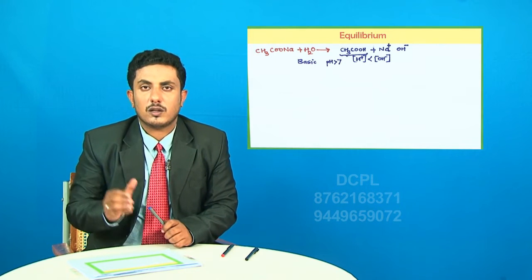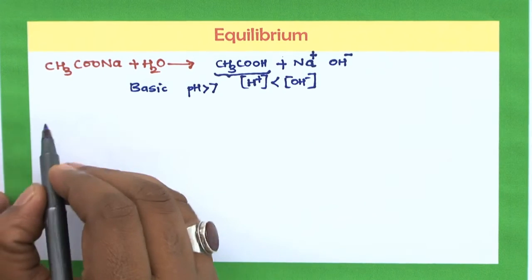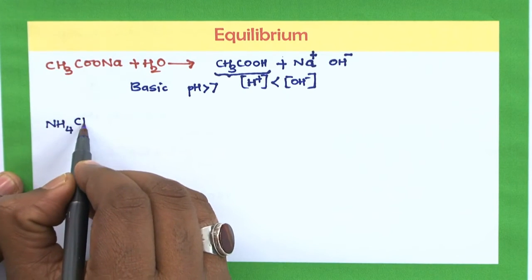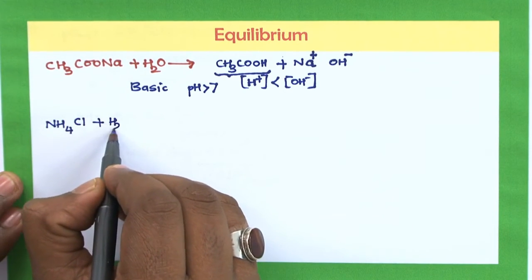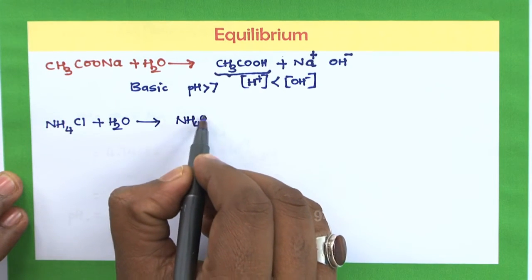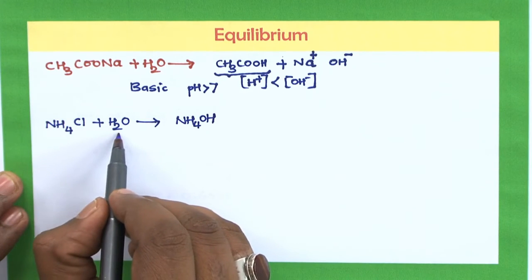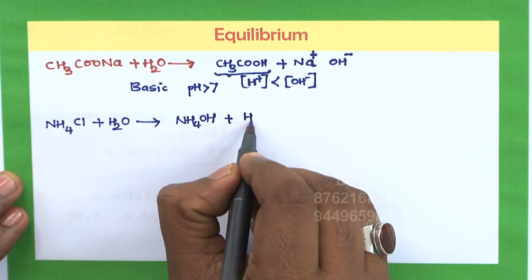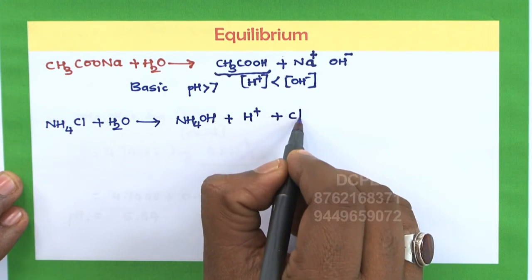If you consider a salt of a weak base and a strong acid, for example, ammonium chloride, NH4Cl, when treated with water, it undergoes hydrolysis to form ammonium hydroxide. NH4 plus reacts with OH minus to form NH4OH. H plus reacts with Cl minus to form HCl.